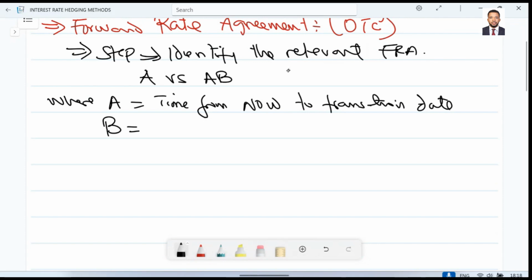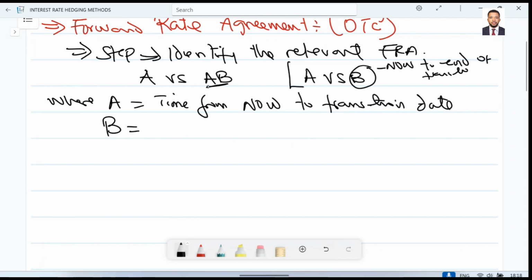Okay, so I gave you two. There's one that's A versus B. This one is saying from now to the end of the transaction.